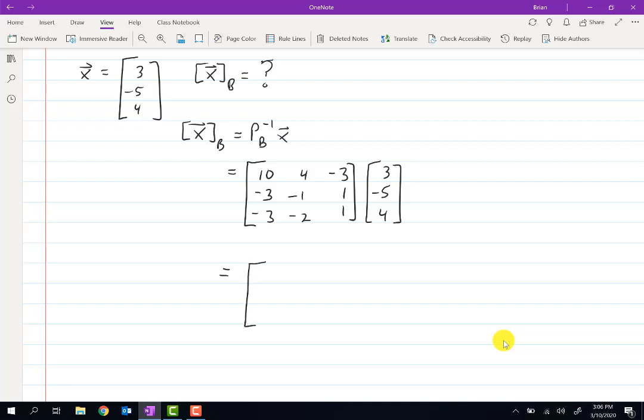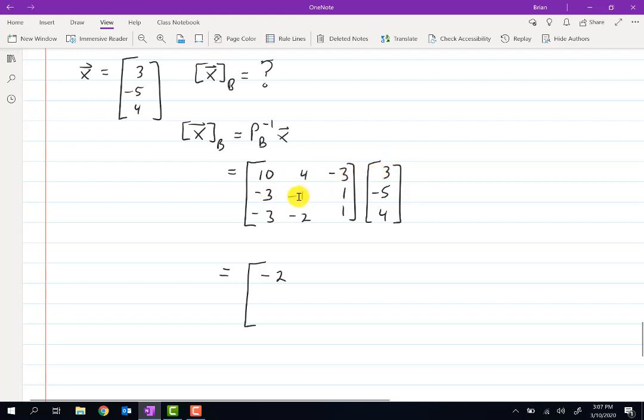I'll get a 3 by 1 vector. Let's see, I'll do the first row times this column. So 10 times 3 is 30. 4 times negative 5 is negative 20. So 30 minus 20 is 10. And then I'm going to subtract 12. So I get negative 2. Now for my second entry, second row here, negative 3 times 3 is negative 9.